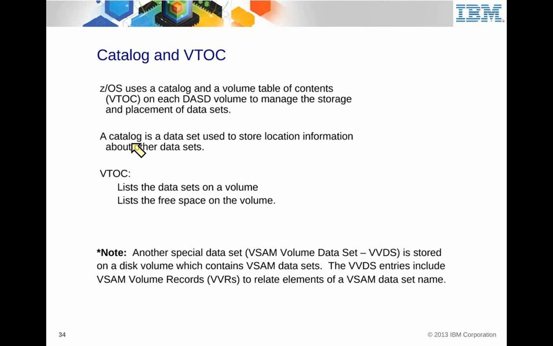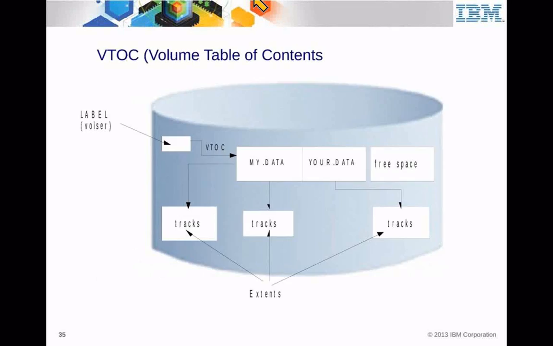You give it the data set name, it goes to the catalog, which says, oh, that's on this volume label. It goes to that volume label, and let's say it's a disk. Then it goes to the VTOC on the disk, and the VTOC says, I know the placement of that data set on this disk. The VTOC not only keeps track of the data sets, obviously it keeps track of the free space, for allocating new data sets on that disk.